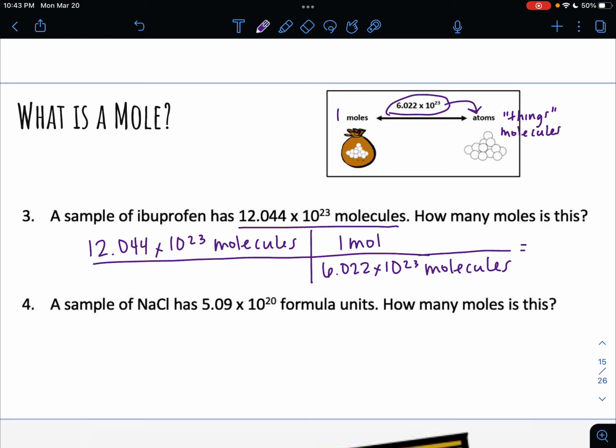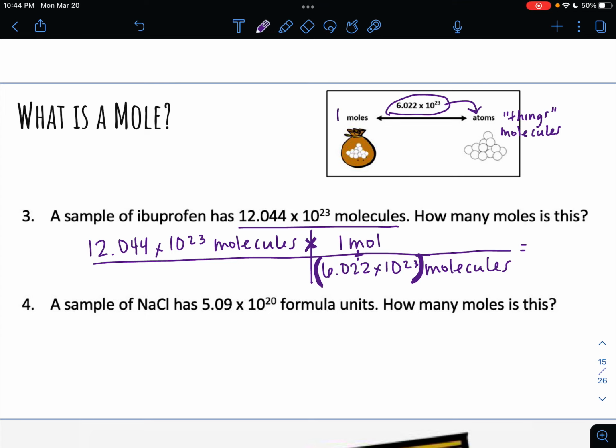So now, when I go in my calculator, I'm going to multiply the top and then divide by the bottom. The trick here is we want to make sure that we're putting parentheses around this number down here, okay? Your calculator is going to get confused when you try to divide because you're using that times 10 to the 23rd. So we always want to make sure we're using parentheses.